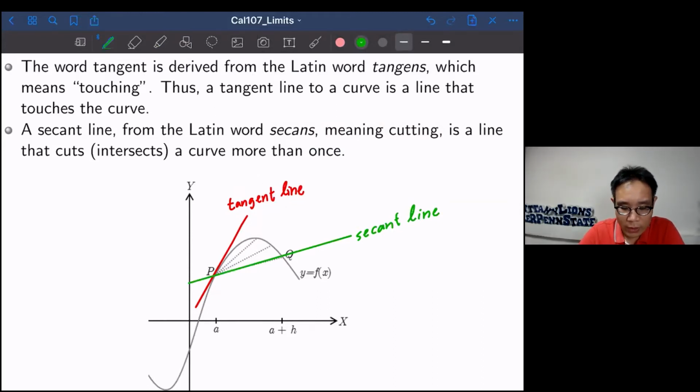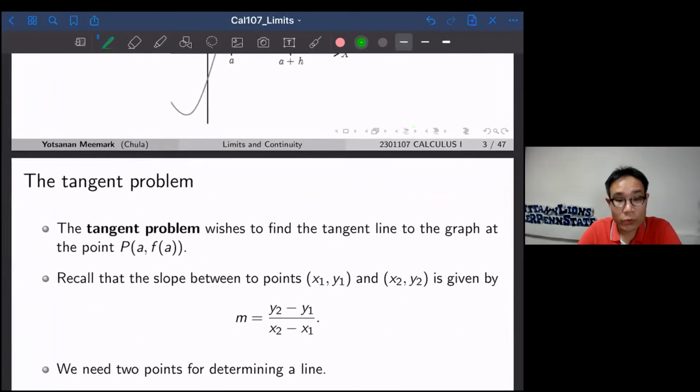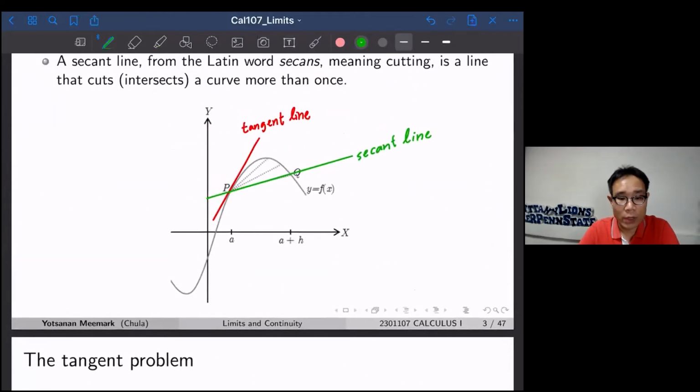So what is the tangent problem? The tangent problem wishes to find the tangent line to the graph at the point P, and the point P has coordinates (a, f(a)).